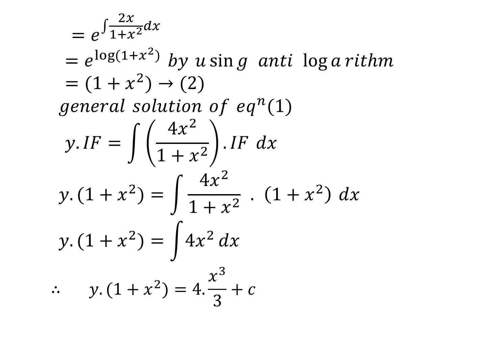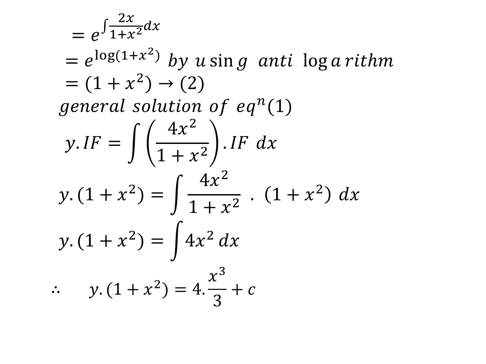Next, we need to find the general solution of equation 1. The formula is y times the integrating factor equals the integral of Q times the integrating factor dx. In place of Q, we directly substitute its value, that is 4x²/(1 + x²).